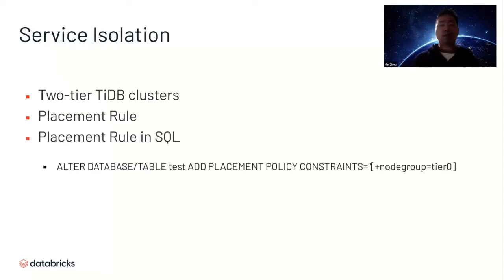And then, as I mentioned, we need SOS isolation. We have two choices. The first one is we build up two-tier TiDB clusters, tier 0 and tier 1. Tier 0 supports the critical services, for example the cluster manager, the jobs, and those. Tier 1 is a shared, larger TiDB cluster, and the less critical services share it.